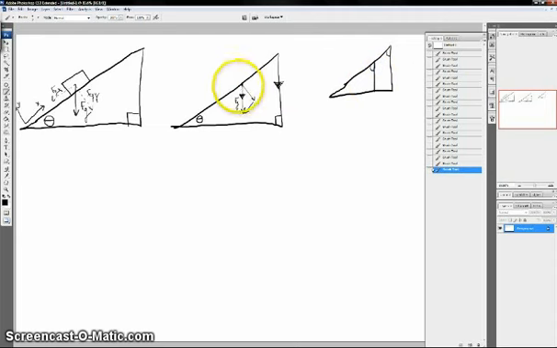So I can say that this angle here and this angle here are congruent to each other. The next thing that I can say is that the vector right here, which was the x component of the force of gravity, we said was parallel to the surface of the incline.